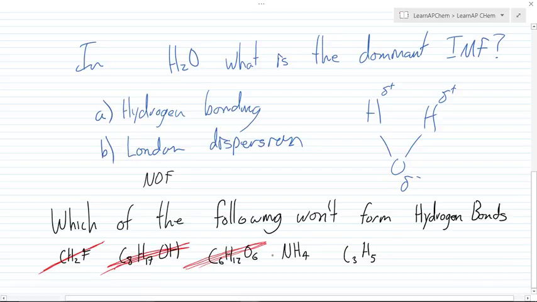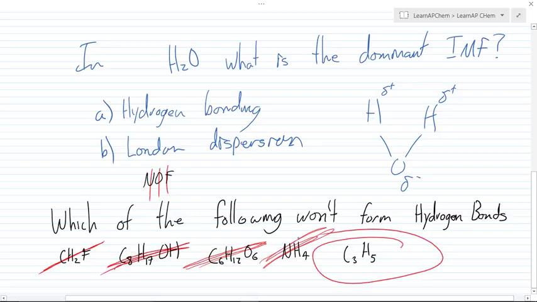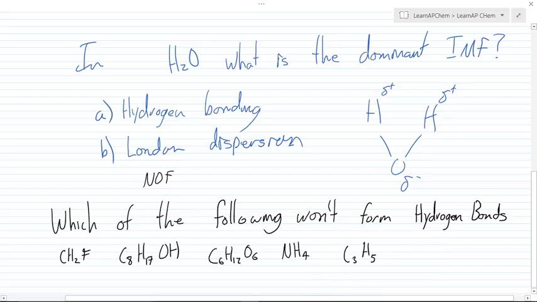NH4 has N, cross that out. And C3H5 does not have N, does not have O, and does not have F. So we can say that that's our answer. That's the only one without N, O, or F in it. So I can say that's my answer.